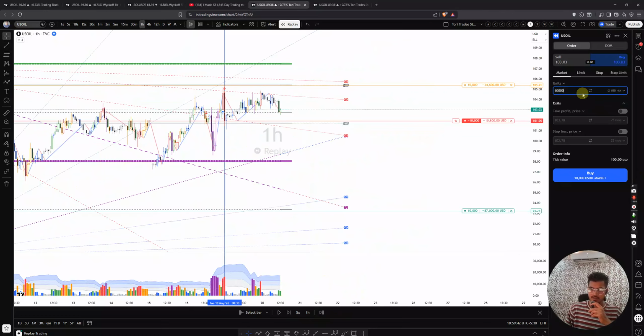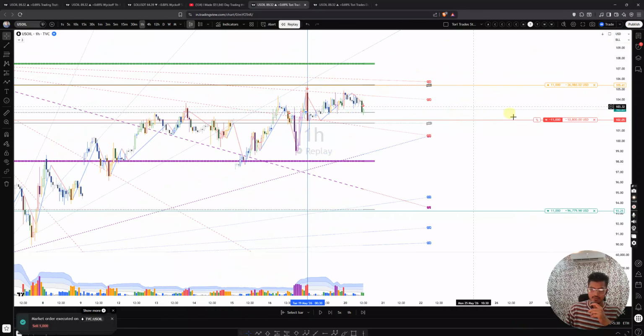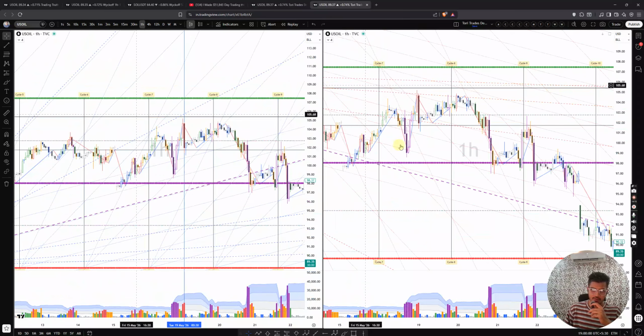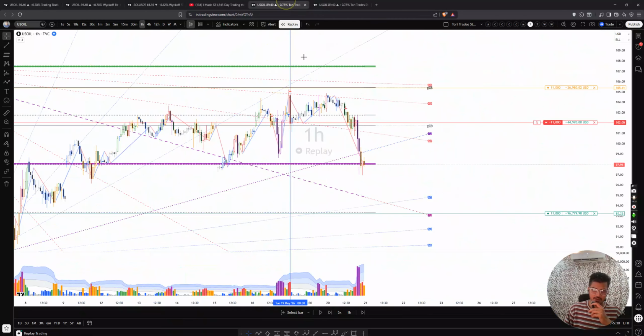Let me do that. We'll add a 1,000 contract selling position there again. So let's see. You see, it was coming on this trend line, right? And as soon as this trend line got hit, we should take some profit.